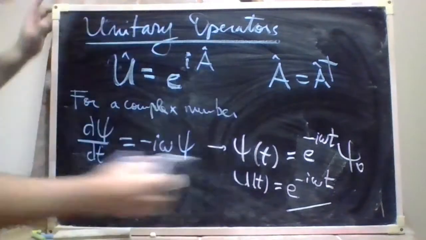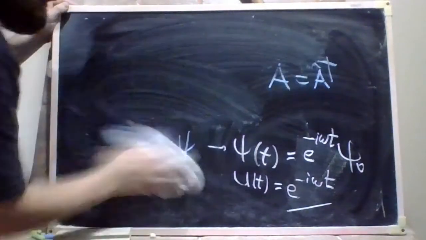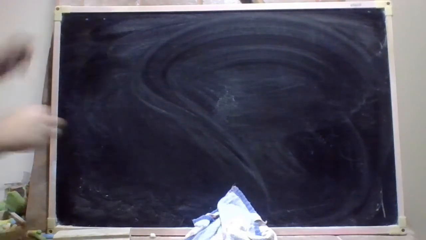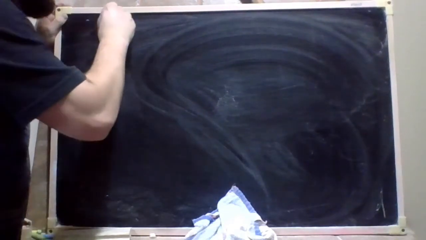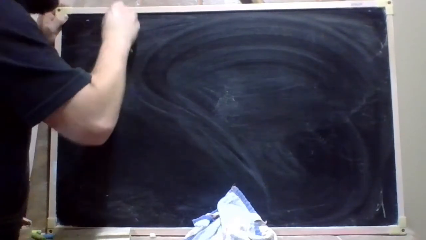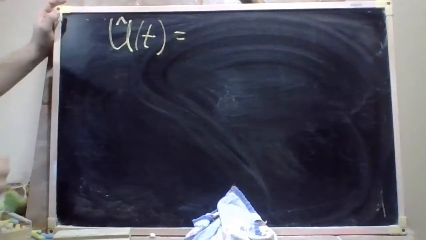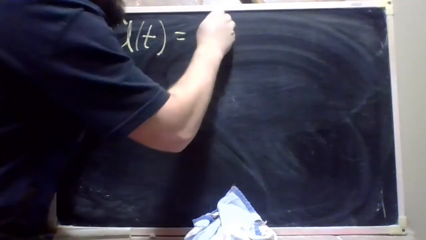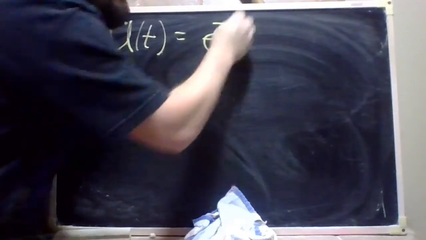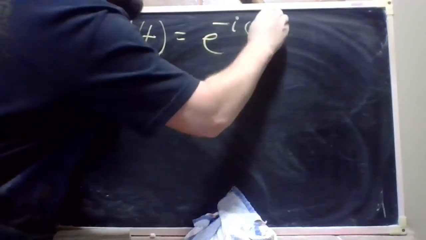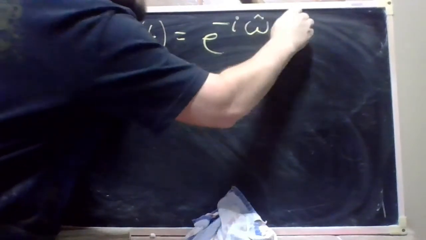So what I can do to consider a time evolution operator in quantum mechanics, I can write something like this. Unitary operator, it just rotates. So it must be a matrix. By analogy, I'll put a minus here, i, a matrix omega multiplying the time t.